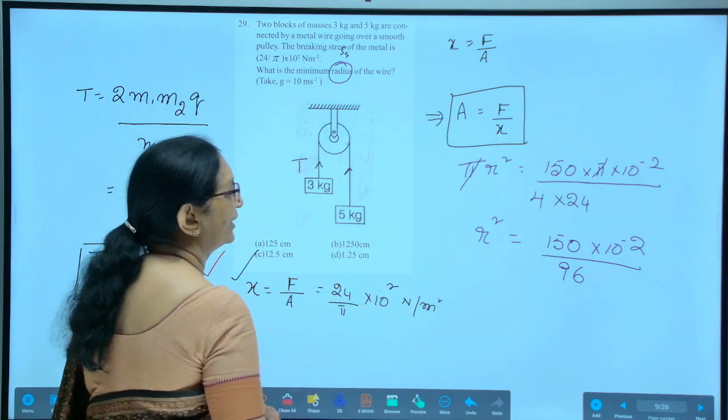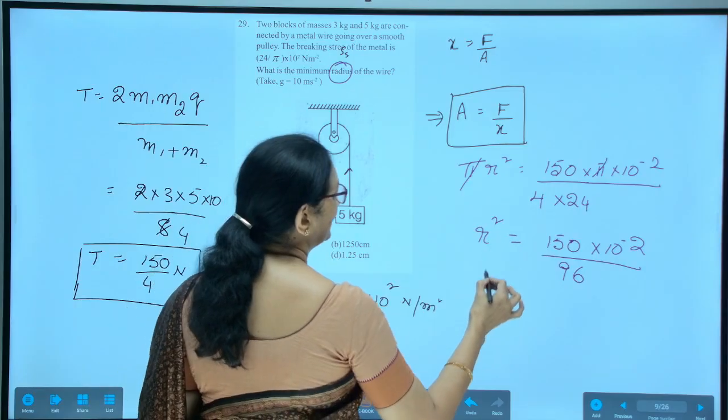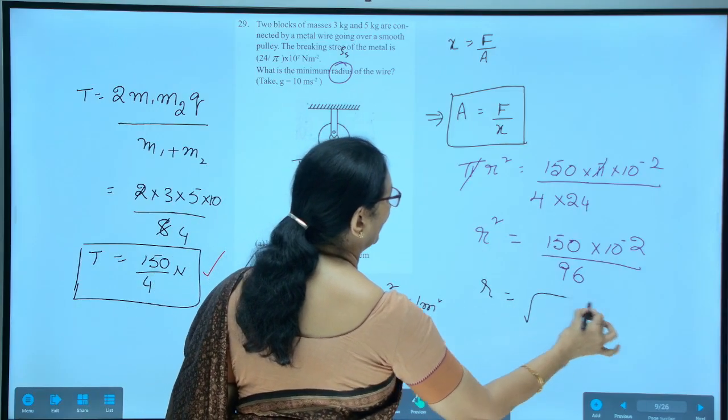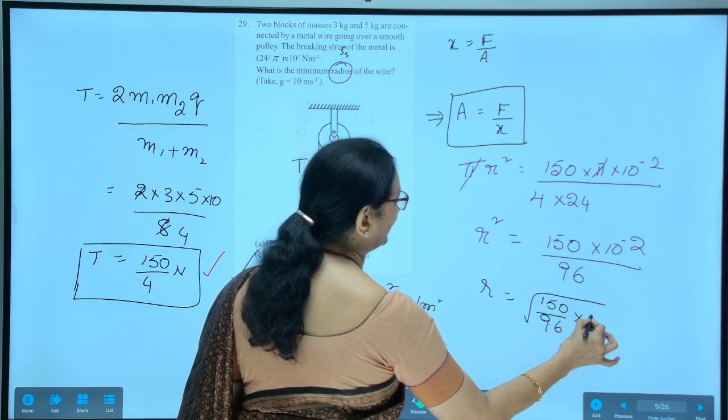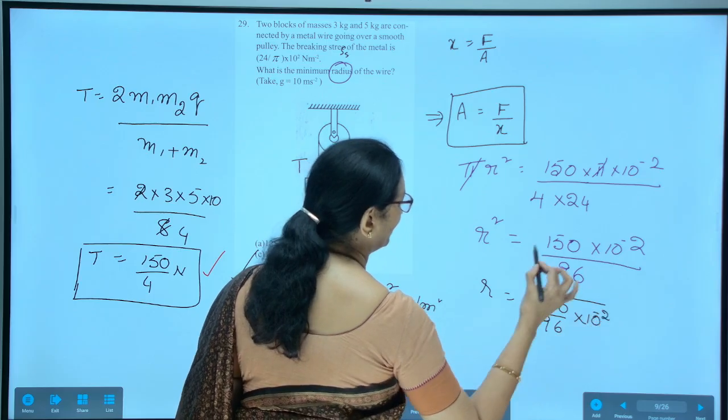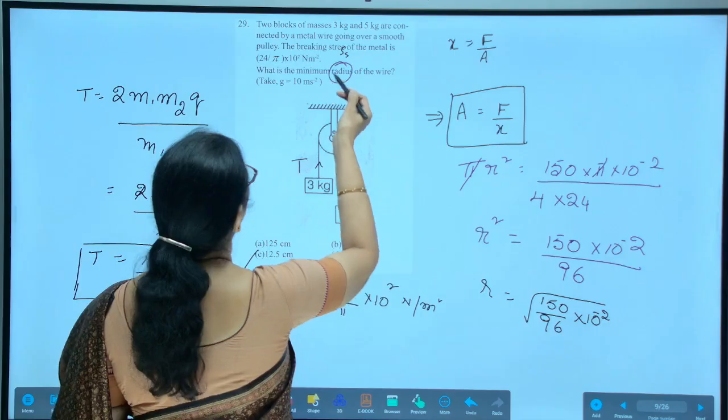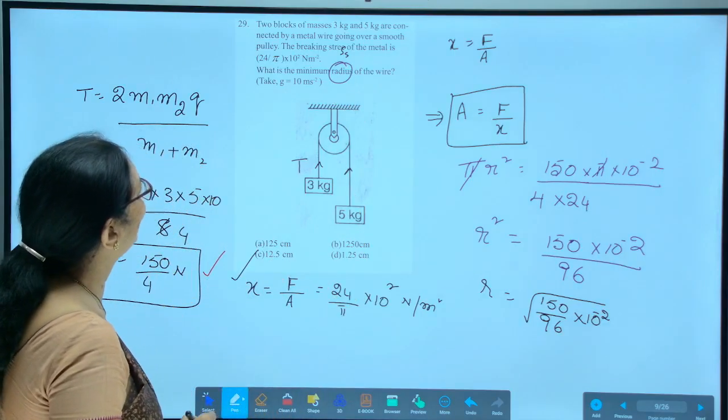From this you get r square. So r will be root of 150 by 96 into 10 to the power of minus 2. Okay, just you are supposed to find the radius here.